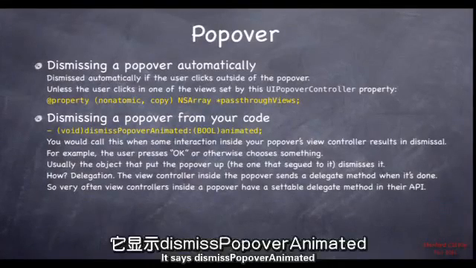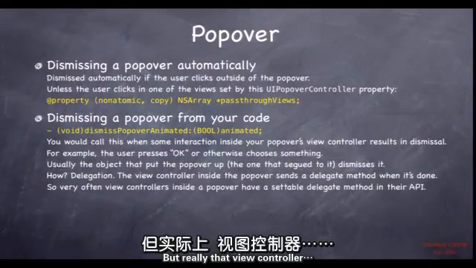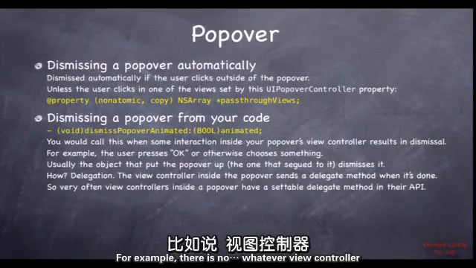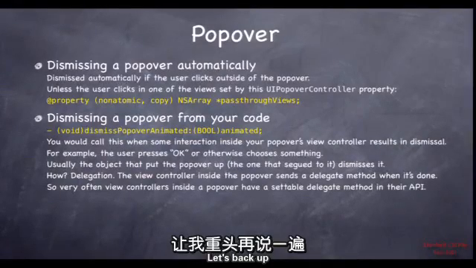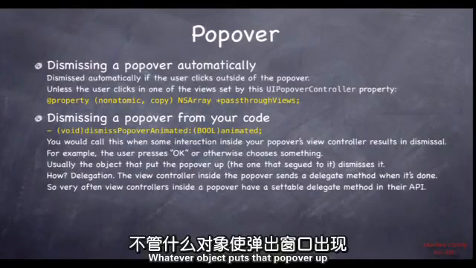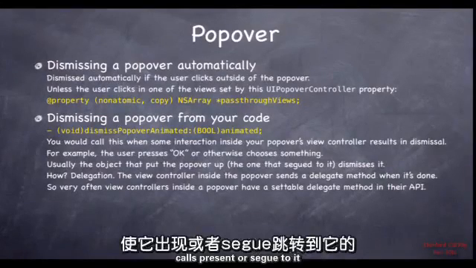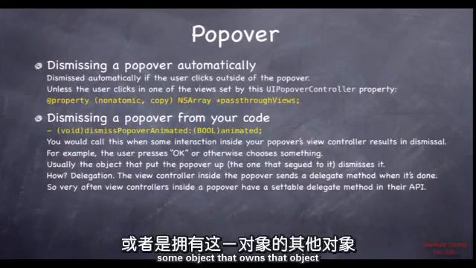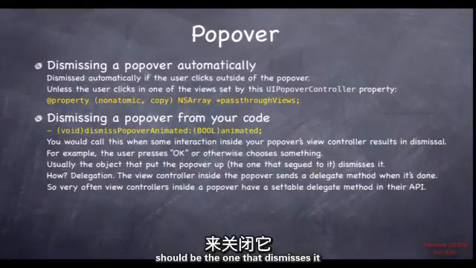You click OK, and it says, oh, dismissPopoverAnimated. But really, whatever object puts that popover up, calls present or segued to it, that object, or some object that owns that object, should be the one that dismisses it.